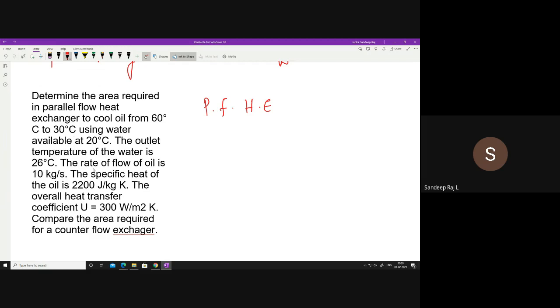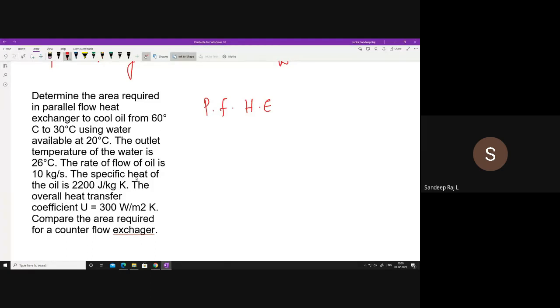Then he is giving the temperatures here. Heat exchanger to cool oil from 60 degrees centigrade to 30 degrees centigrade. So cool oil means, is this a hot fluid or a cold fluid? Tell me. Hot fluid.